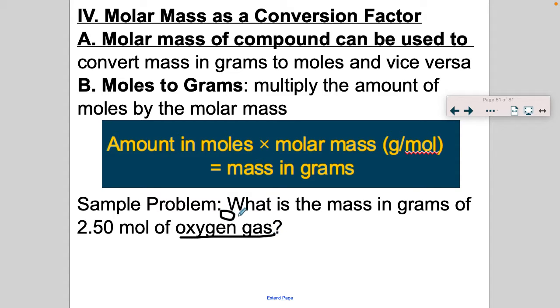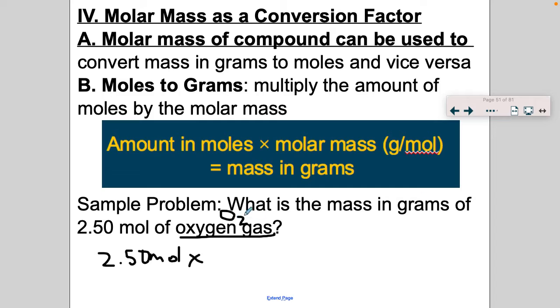O2, okay. So using what we got here, we're going to take the amount in moles, that's the given, 2.5, times the molar mass of oxygen. So we have to figure out the molar mass of oxygen.